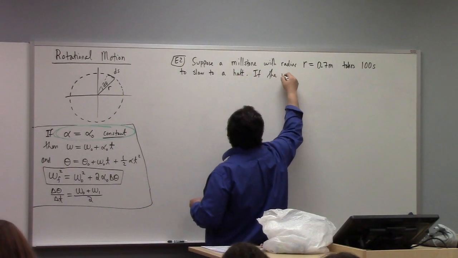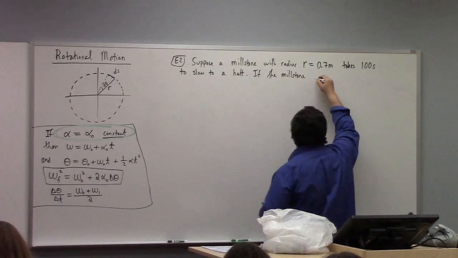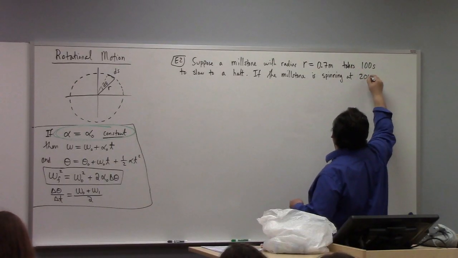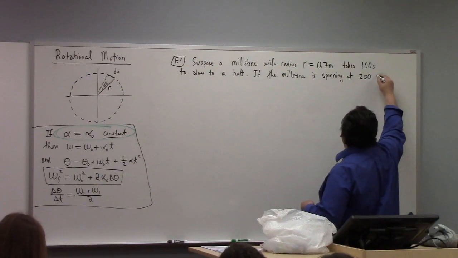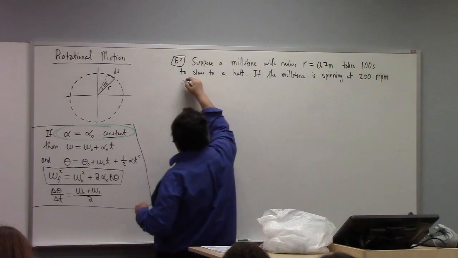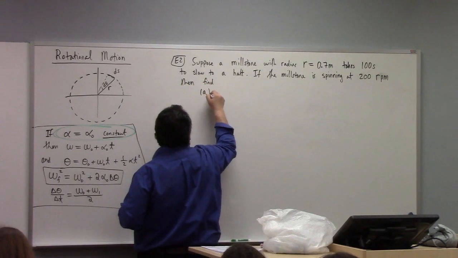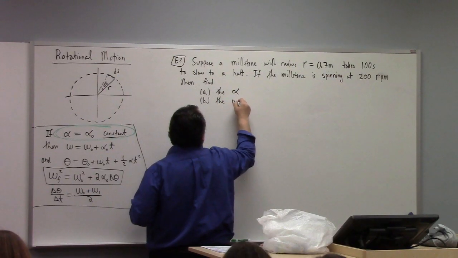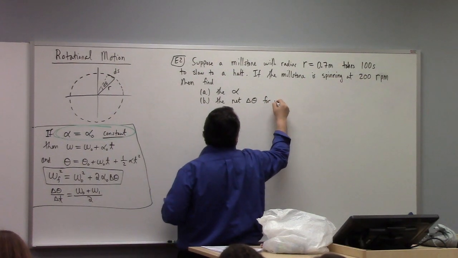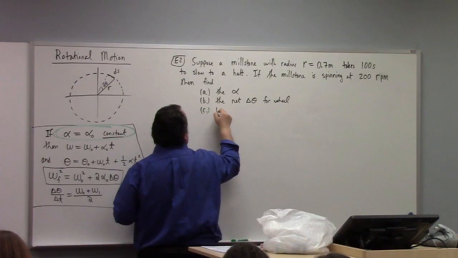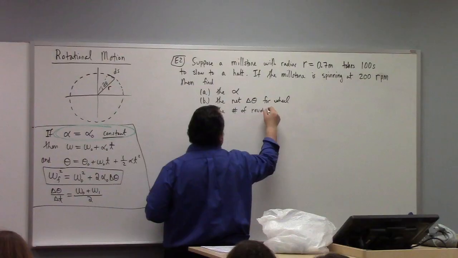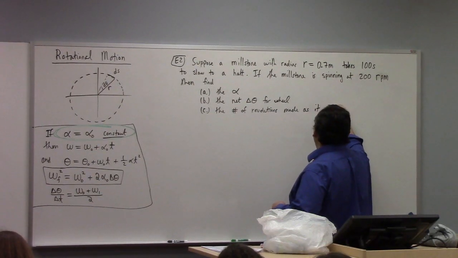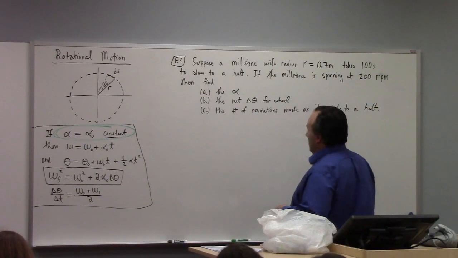If the millstone is spinning at, let's say, 200 revolutions per minute, RPM as it's sometimes called, then find: A, the angular acceleration; B, the net change in theta for the wheel; and C, the number of revolutions made as it slows, grinds to a halt. All right.